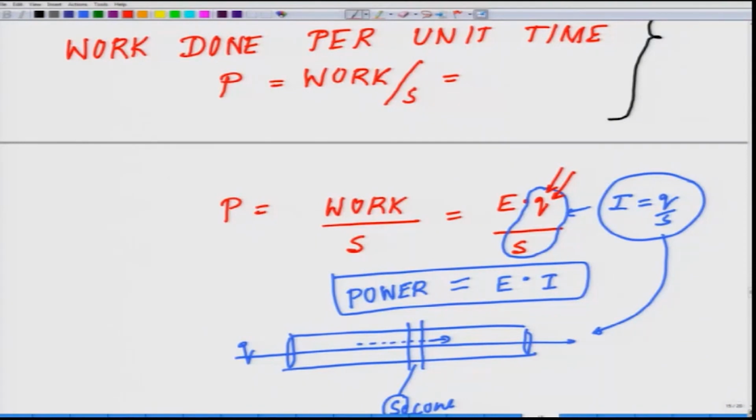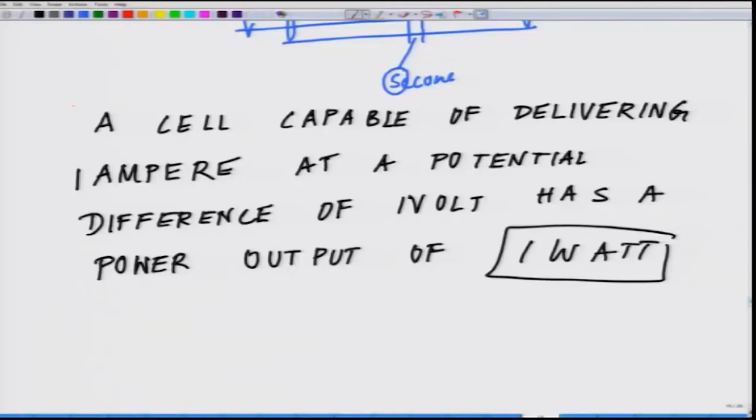So, basically your power, which is work done per unit second, is represented as voltage E multiplied by current, which is the amperage, and this is represented as 1 watt.